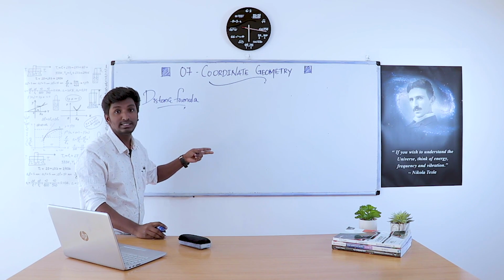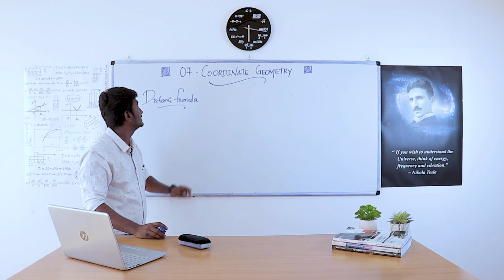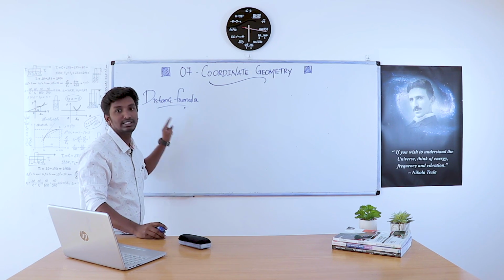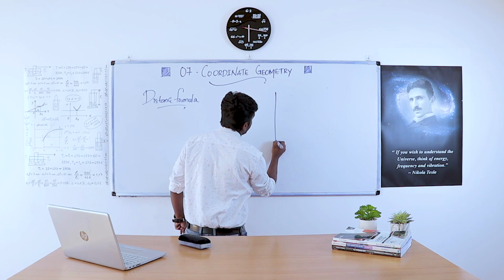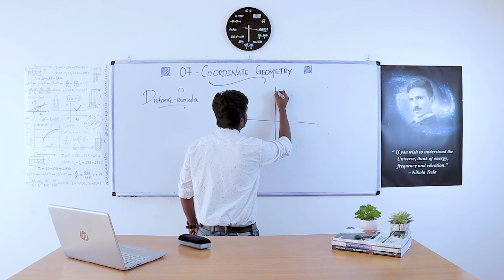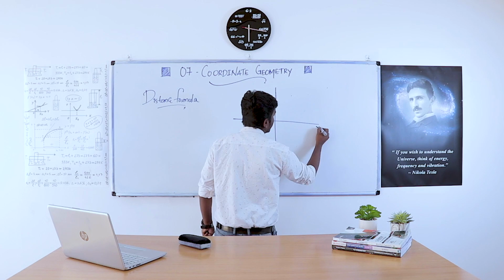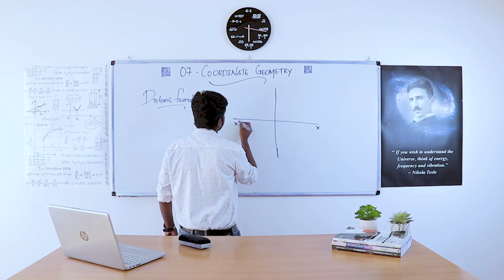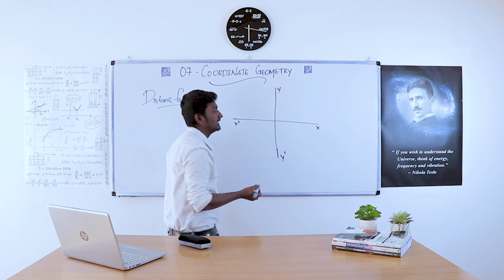So in a coordinate system, if 2 points are given, we can find the distance between those 2 points by using the distance formula. So consider a coordinate system. This is x-axis, negative x-axis x dash, y-axis, negative y-axis y dash.